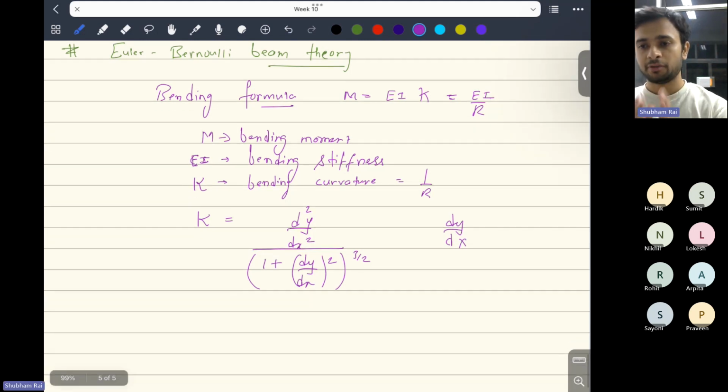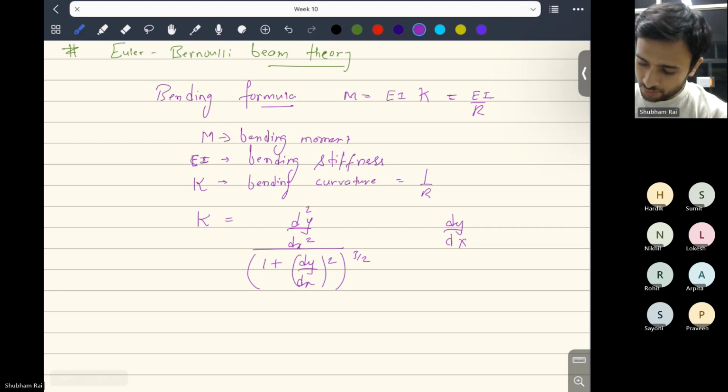All the assumptions have been discussed in the lectures, but small x is the x coordinate of the deformed configuration, and capital X is the x coordinate of the undeformed configuration. We assume there is not much change between them, so we replace small x with capital X.